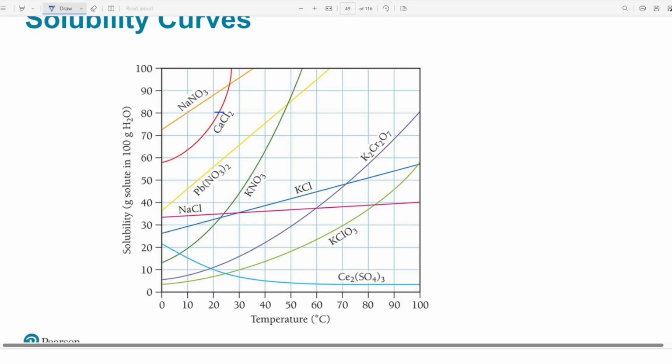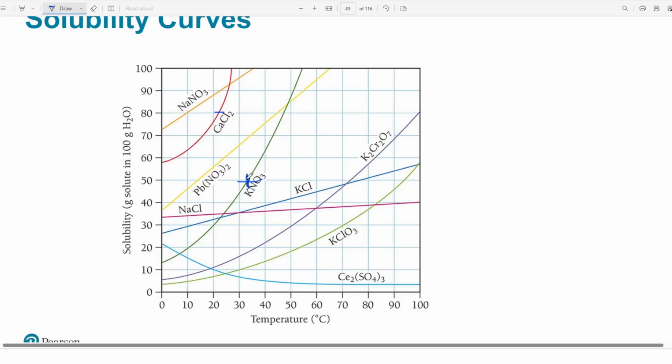So, for example, let's take potassium nitrate. The curve of potassium nitrate crosses the 50-gram line, let's say, at about 33 degrees C. So if a potassium nitrate solution has less than 50 grams of potassium nitrate in 100 grams of water at 50 degrees C, then it would be unsaturated.